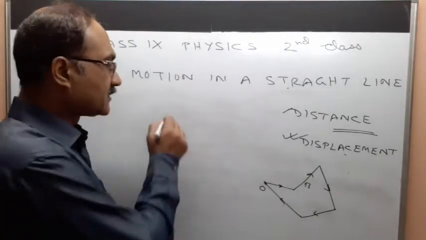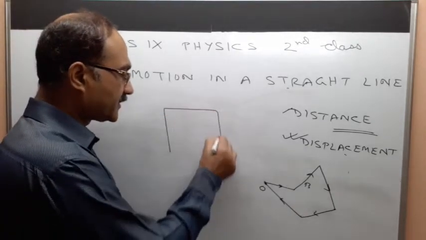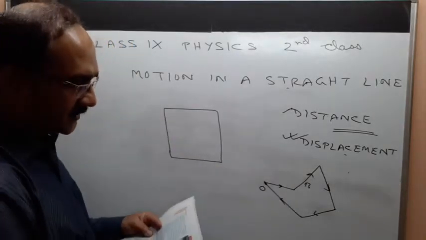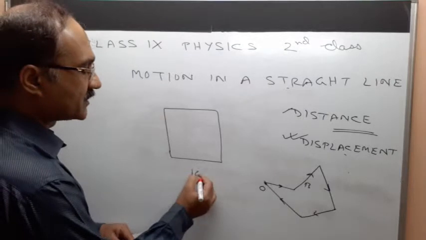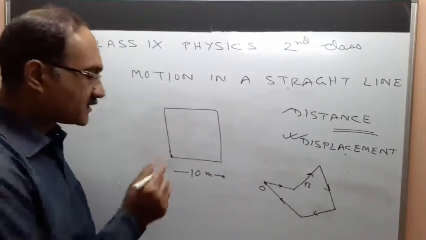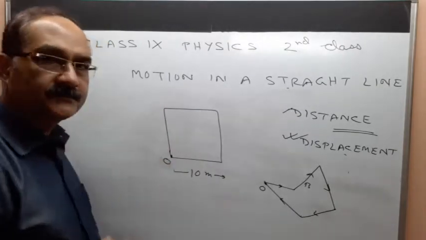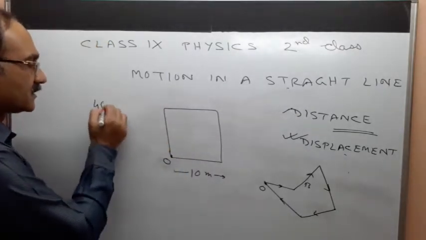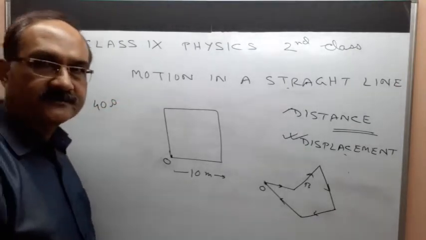So let's say this is a square field of size 10 meters. So this is 10 meters. Say he starts from this point O. To make one round, it takes 40 seconds.